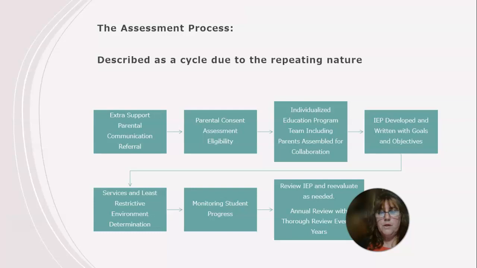Then always parental communication, making sure that parents know that we're seeing something that is maybe out of the norm for their student, that they're having difficulties or struggles in certain areas that might need to be addressed.